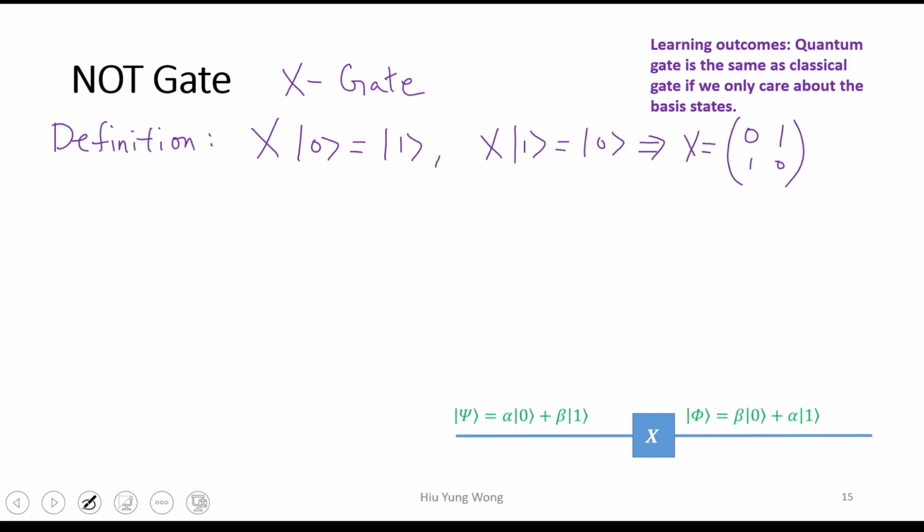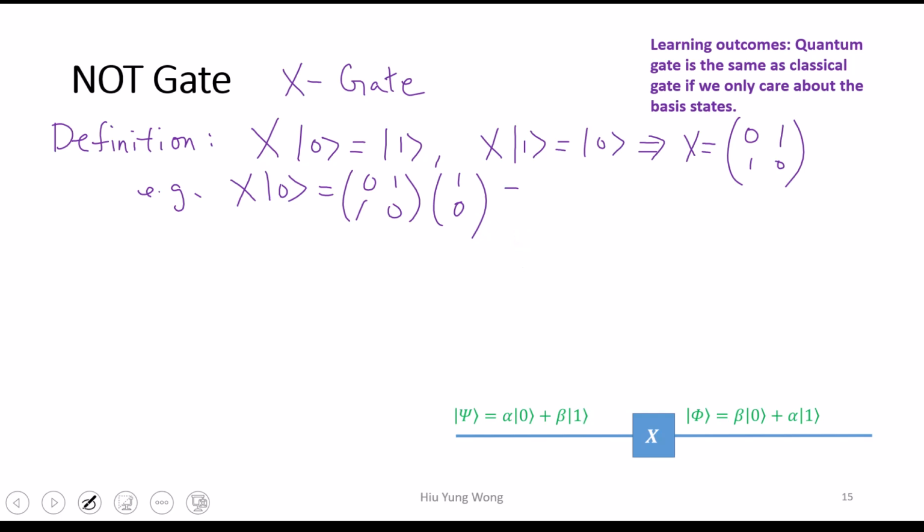For example, X applied to 0. X is 0, 1, 1, 0. What is 0 in column form again? 1, 0. Thank you. I did not say it, but I gradually established a convention in this class, which is also often used by others: I put 0 as the first row and 1 as the second row.